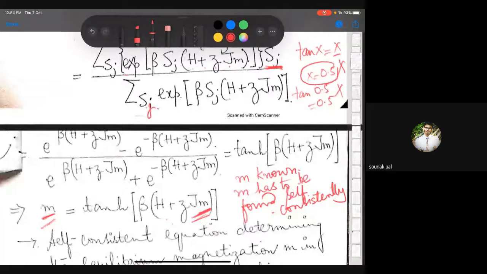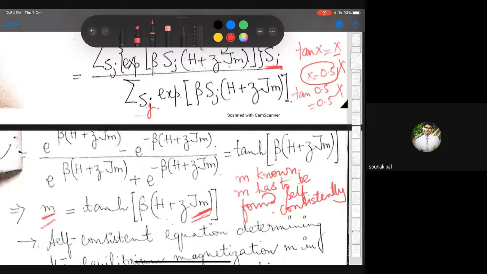But the crux of the matter is that you have a randomness in the system, and you replace the randomness by its mean value. And obviously, when you replace the randomness by its mean value, you are neglecting the fluctuation. So mean field approximation means neglect of fluctuations in the system. Okay? That's it. Nothing more.